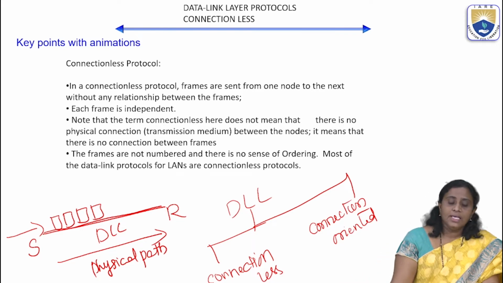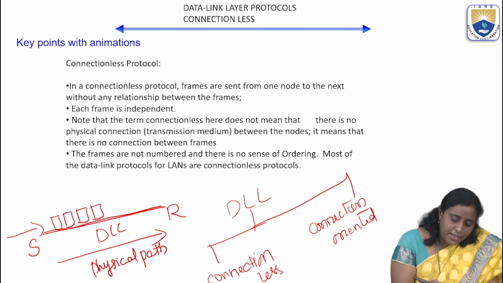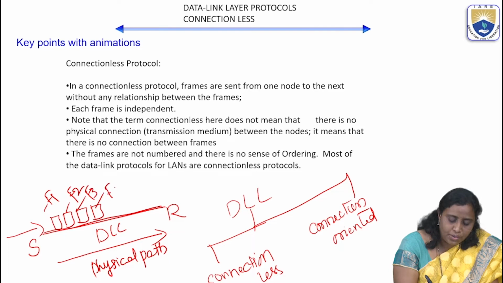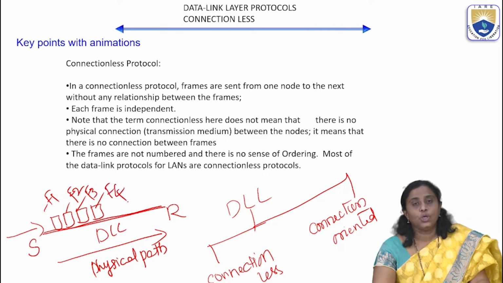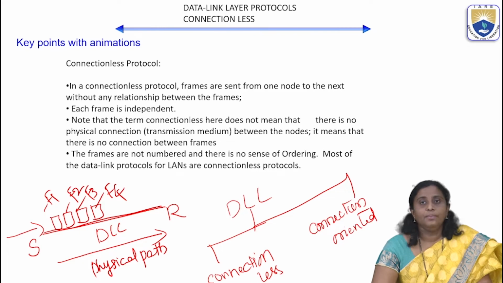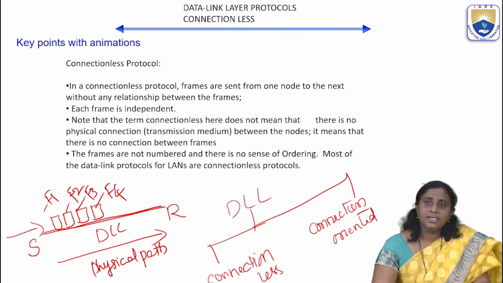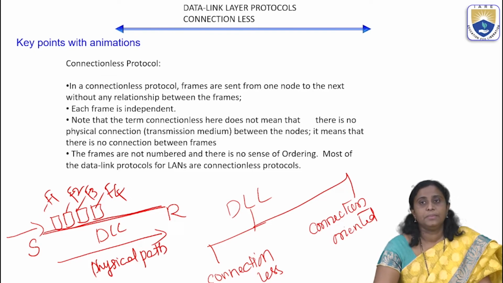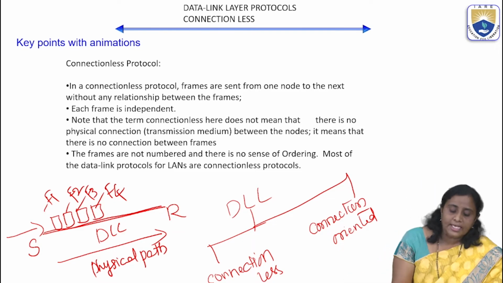The second point is that each frame should be independent, like frame 1, frame 2, frame 3 and frame 4. Each frame should behave in an independent mode. Note that the term connectionless here does not mean that there is no physical connection or transmission media between the two nodes. It means that there is no connection between the frames, which I have already explained.